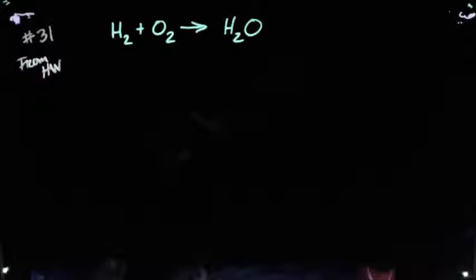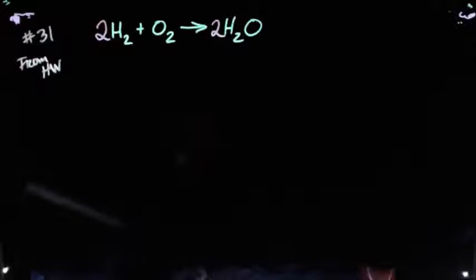Since oxygen's diatomic and water only has one oxygen in it, we're going to need two waters. And two waters would require not one molecule of hydrogen, but two. So two hydrogens for every one oxygen gets you two waters.